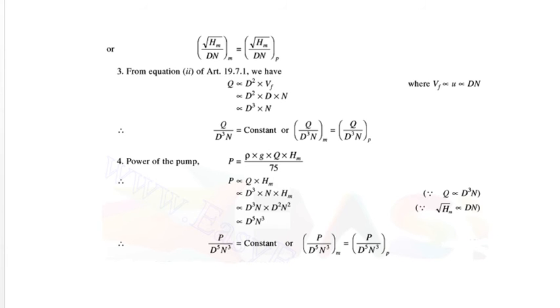So we can write D square N square in place of Hm. So P upon D to the power 5 N cube should be constant, or the value of this quantity for the model should be equal to that of the prototype. This is the model testing of the centrifugal pump.